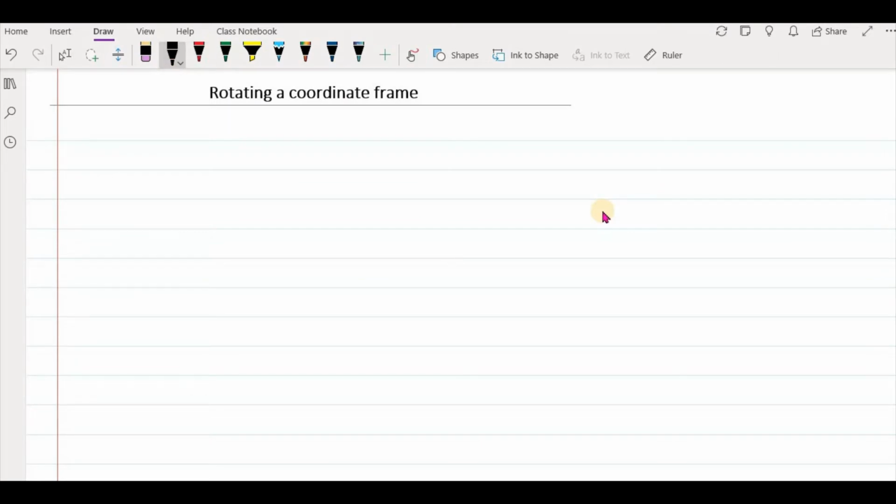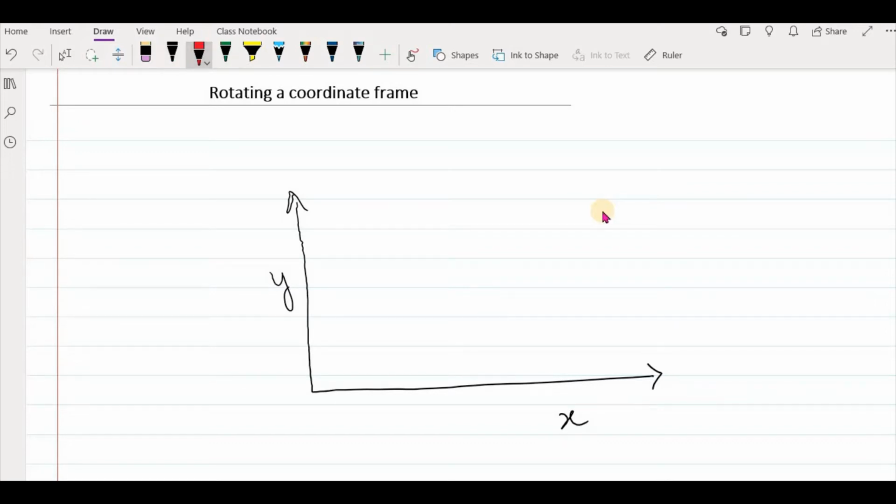So let's say we have a coordinate frame, and previously it looks like this, in black color. We have an x component here and the y component here, and then we did some rotation, like this.